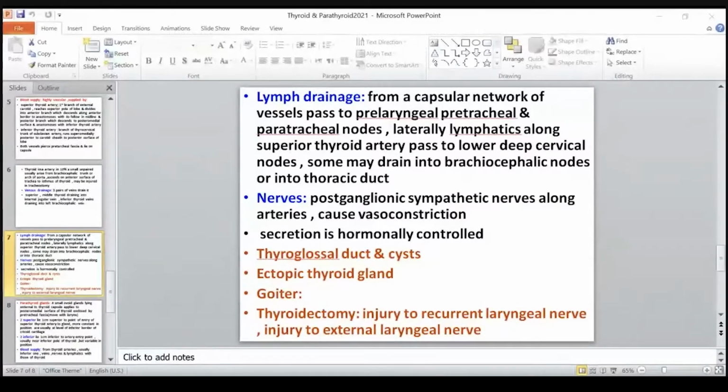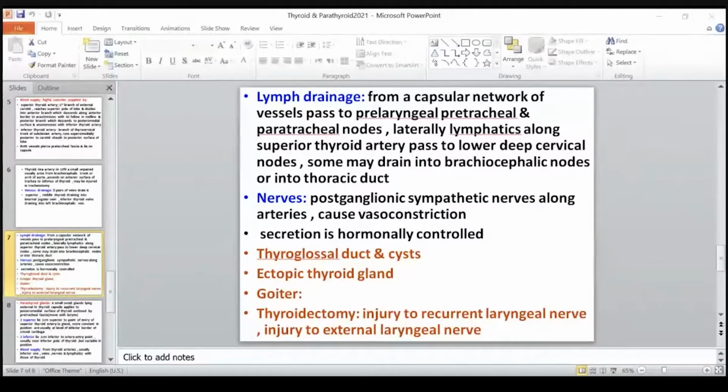So the word goiter is any enlargement of the thyroid gland, whether it includes the whole gland, which occurs in cases with iodine deficiency, where the whole thyroid becomes enlarged. Hypothyroidism due to iodine deficiency is common in some areas of Iraq.